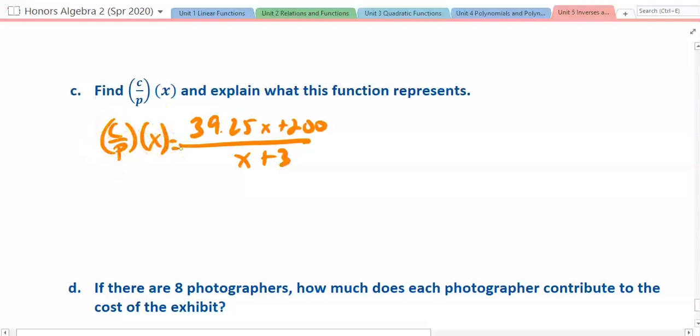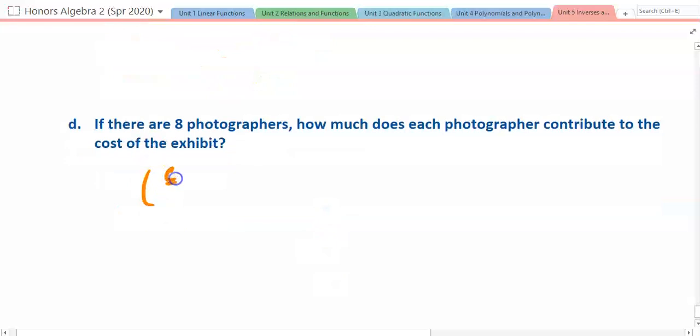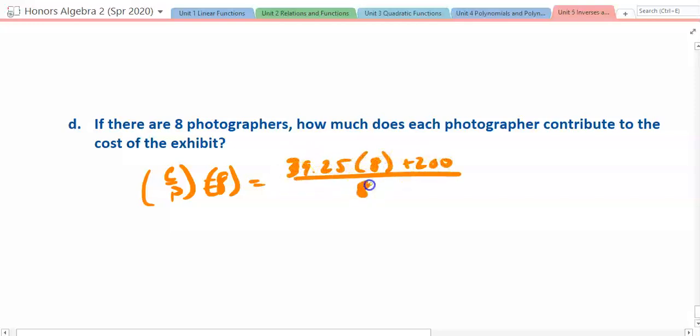Now, if there are 8 photographers, how much does each photographer contribute to the exhibit? And so where are we going to plug in 8? For everywhere we see x. And so our C divided by P, our cost divided by the number of people paying for it, plugging in 8, I'm going to get the 39.25 times the 8 plus the 200 over 8 plus 3.